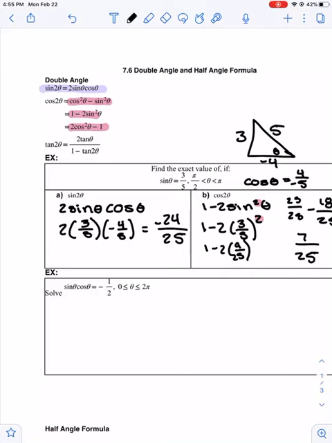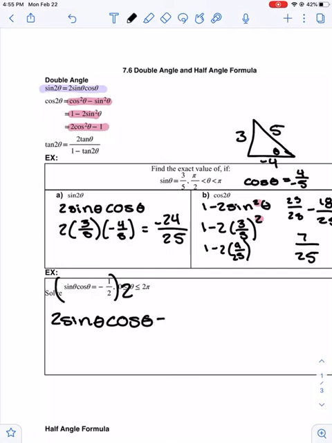Next we have solve for theta, where sine theta cosine theta equals -1/2. We're going to start solving for this by multiplying both sides by 2, this denominator here.